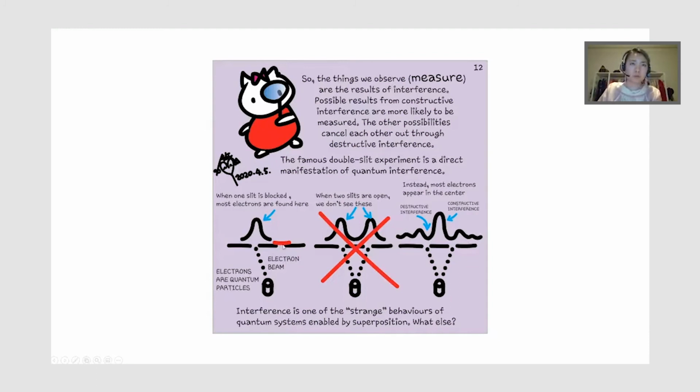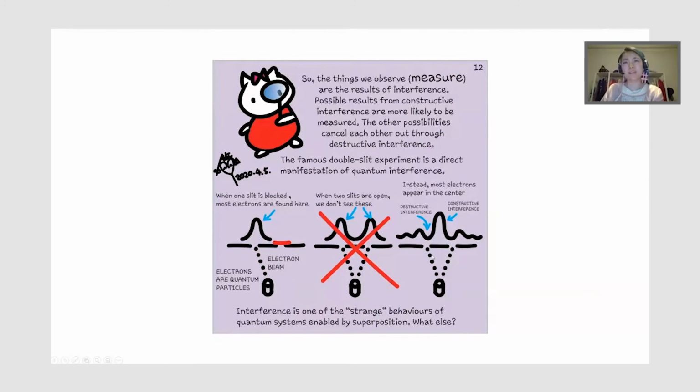If you close one of the slits, you would get a distribution where most of the electrons appear close to the slit in the center. And you would think in a classical way, if the other slit gets opened, then you would probably see two peaks like this. But that's not what happens.